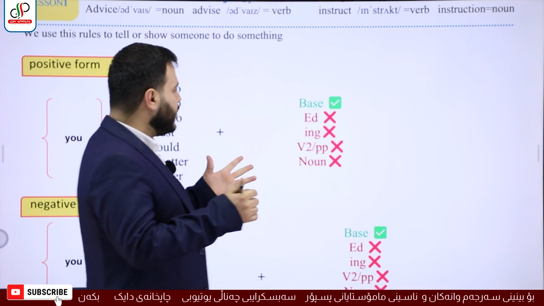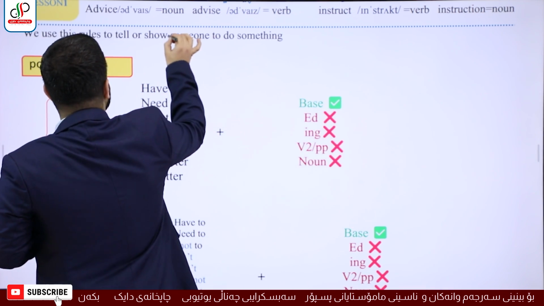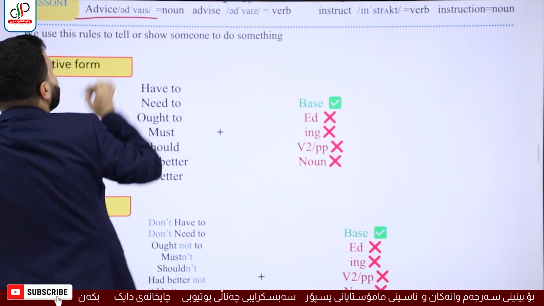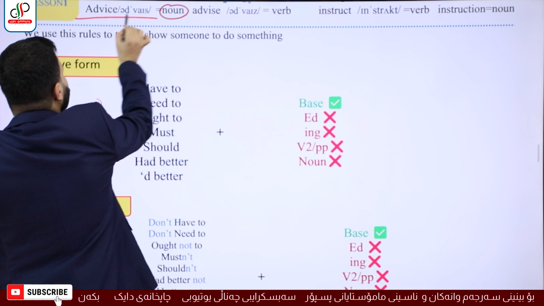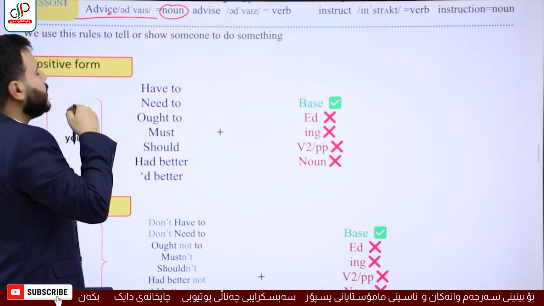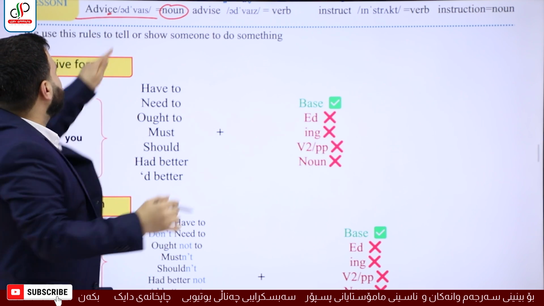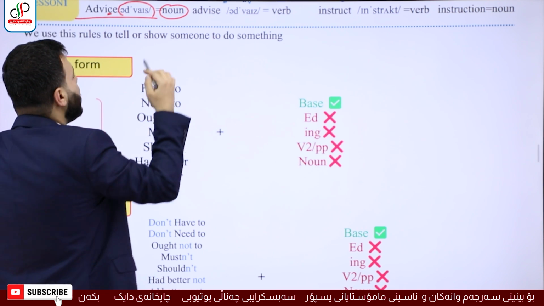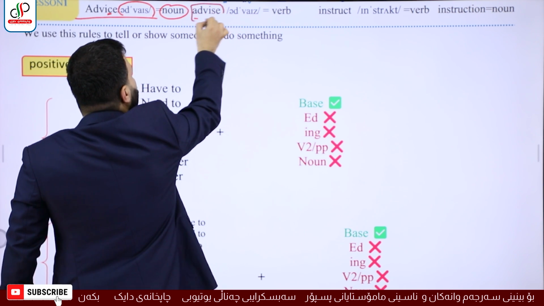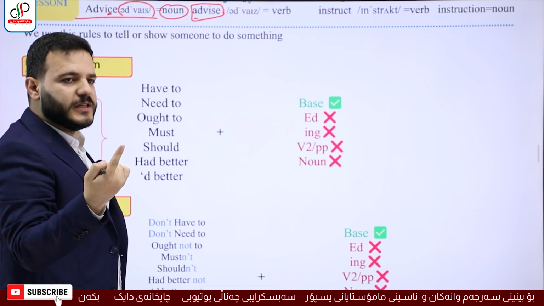So what's advice? Let's see the pronunciation of advice. Here, it's a noun. Whenever you see advice spelled with C plus E, you have to pronounce it with an s sound. But for the verb advise, you have to say it with a z sound.